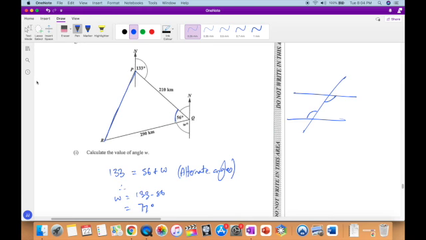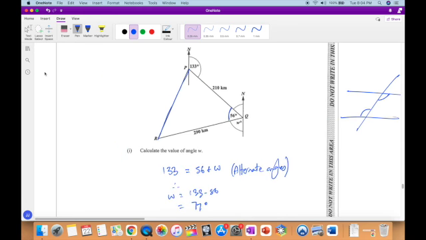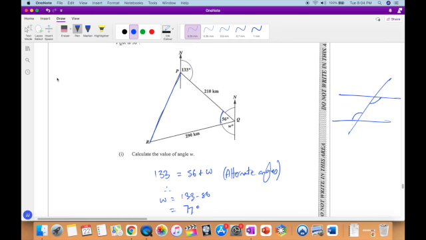What is the cosine rule? A squared equals B squared plus C squared minus 2BC cos of the angle A, right? Yeah. Now, this is the angle A, and the side A is opposite it, so B and C are the other two sides here.